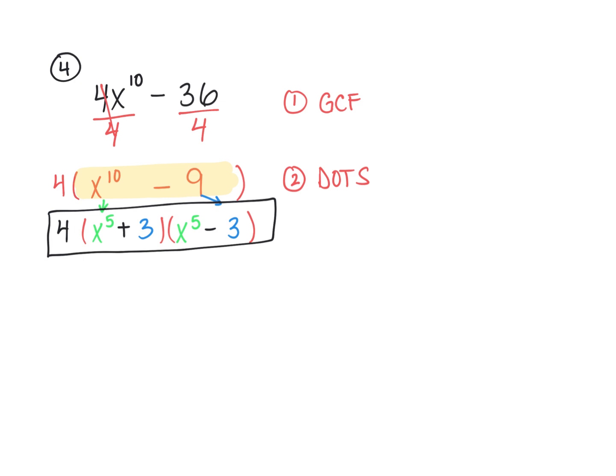Okay, I have one more problem. So we'll say problem number 5 is 9x squared times x plus 7 minus x plus 7. So you should remember this type of thing from yesterday. This is GCF. We could take out this x plus 7 that's in both. So we're going to do GCF of x plus 7.